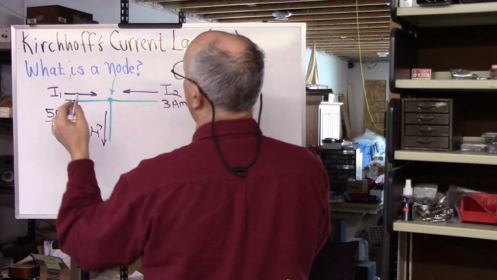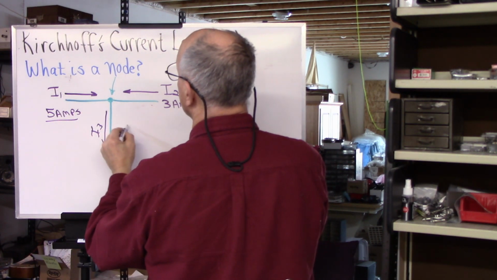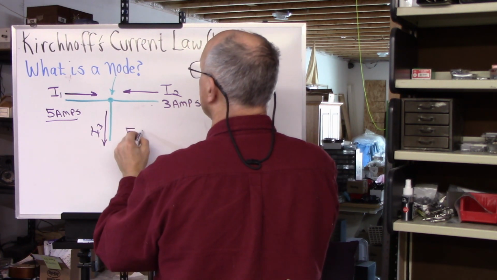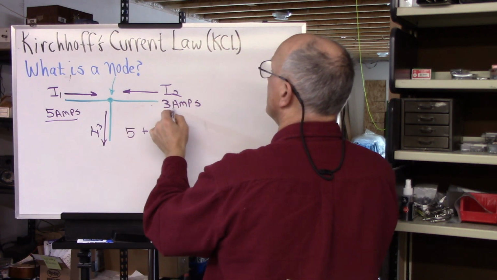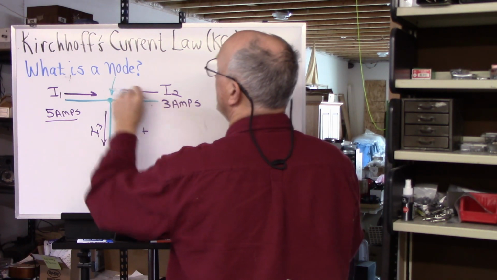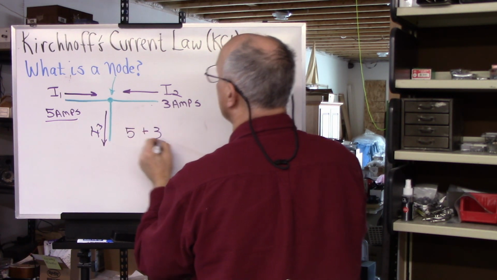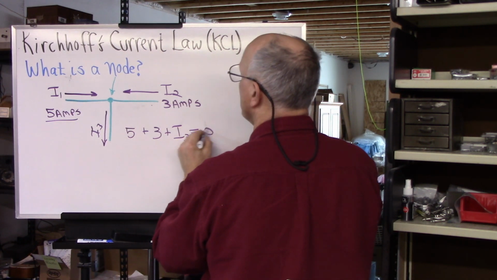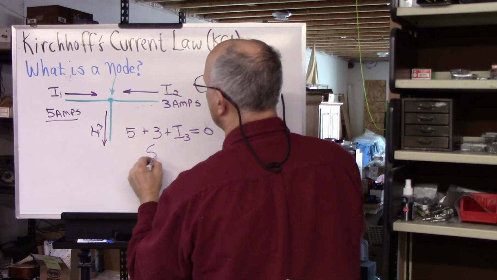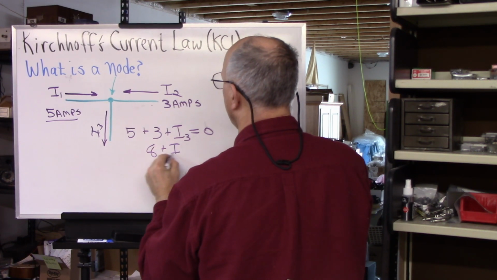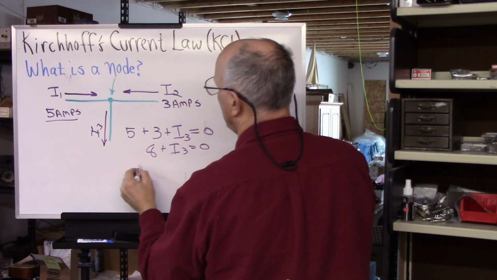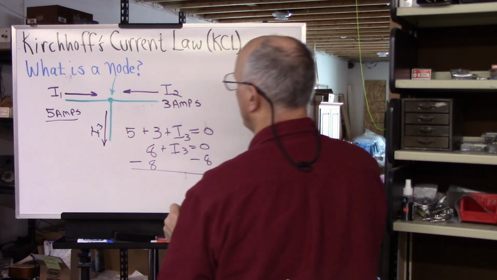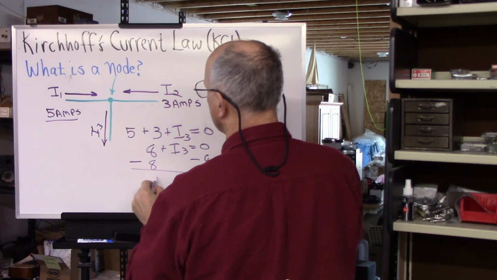Well, again, the algebraic sum. So we have I1, which is 5 amps, plus 3 amps, because this is going into the node, it's a positive 3 amps, plus I3 is equal to 0. 5 plus 3 is 8, plus I3 equals 0. We subtract 8 from both sides. 8 minus 8 is 0.